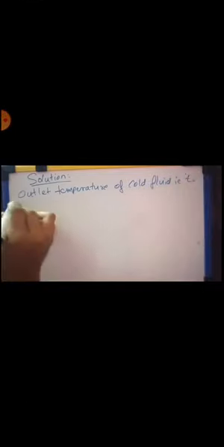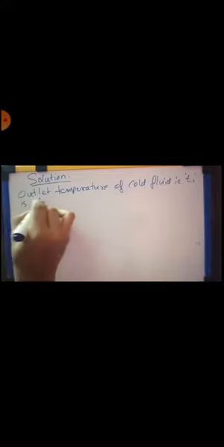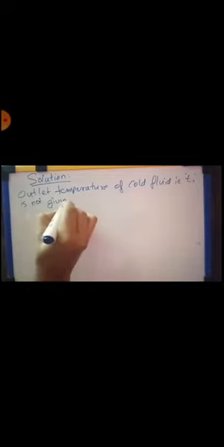Okay, then our solution. First of all, the outlet temperature of the cold fluid, small t2, is not given. We have to first find out the outlet temperature of the cold fluid, small t2.